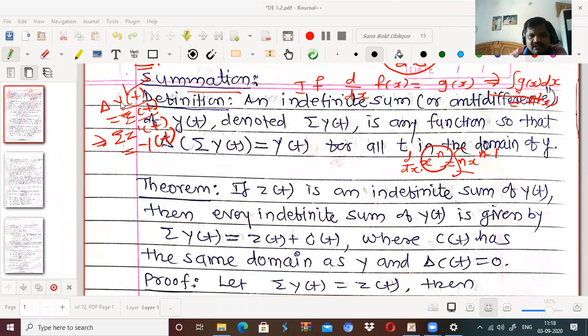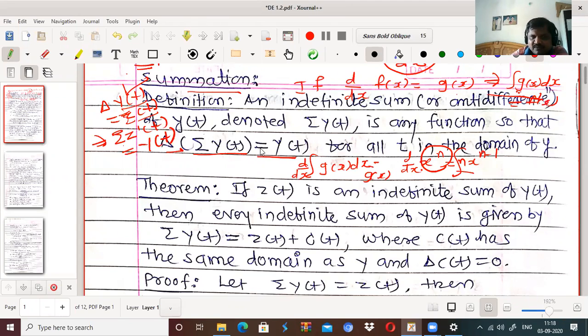That means if we take summation of yt and then its delta, what will we get? It is only yt. Just as with integral of g of x with respect to x, if I again take derivative with respect to x, you will get only g of x. In the same way, summation of yt and its delta is nothing but yt.